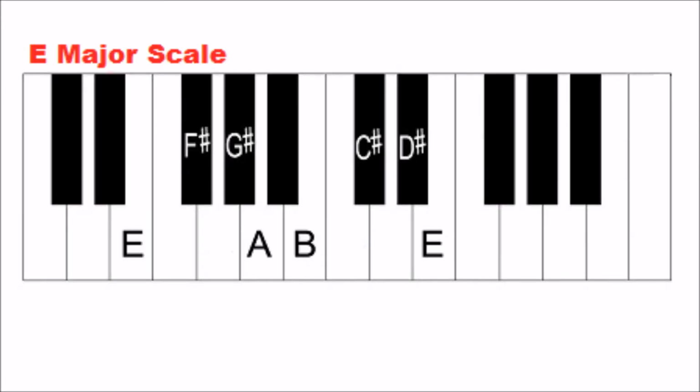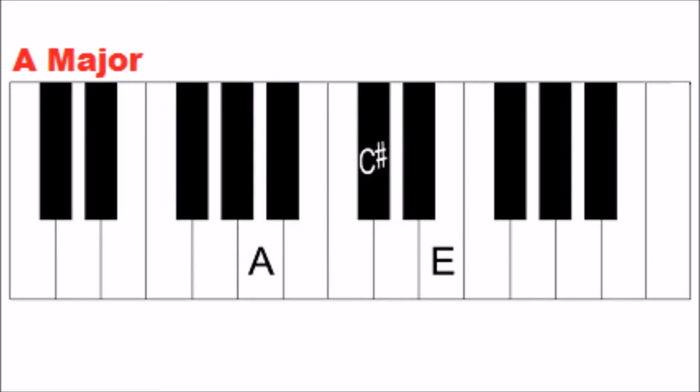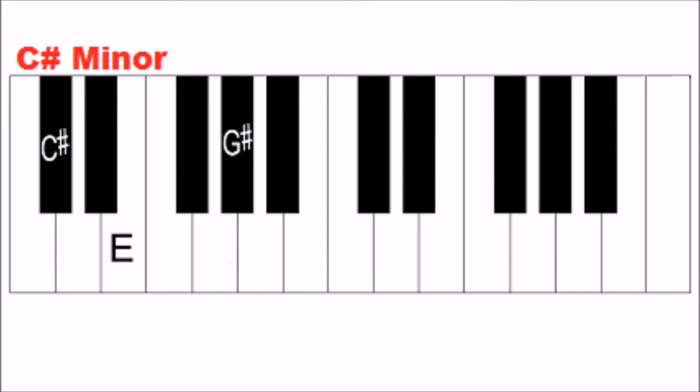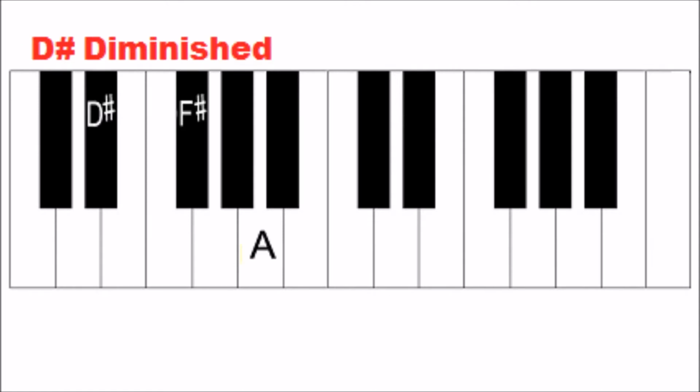You can do this for the notes A, B, C sharp, and D sharp, and you will clearly see that the chords have to be none other than A major, B major, C sharp minor, and D sharp diminished, respectively.